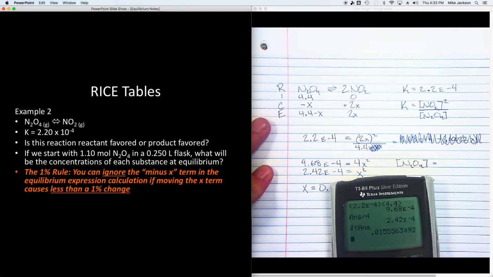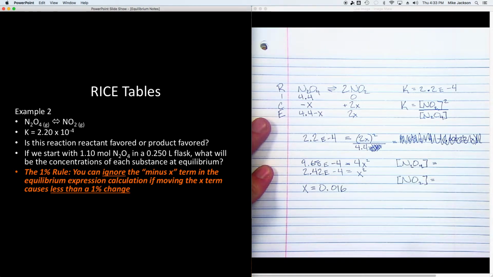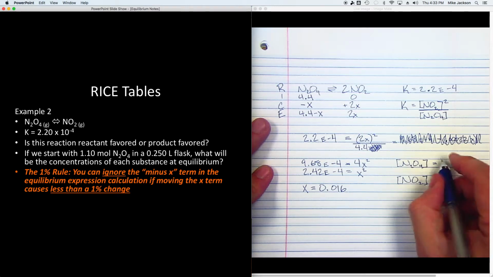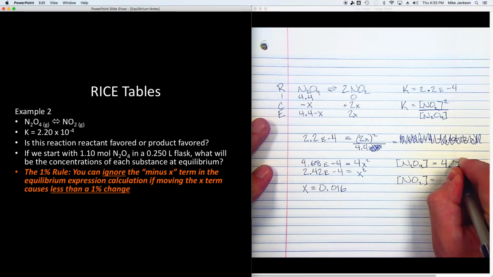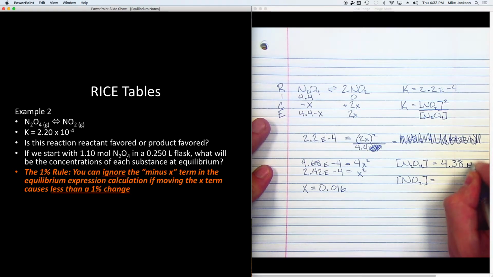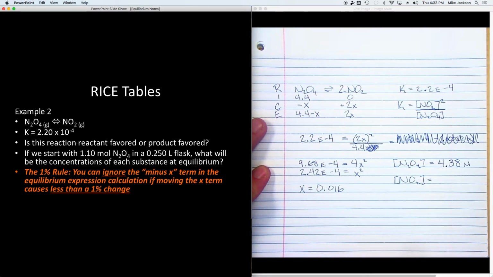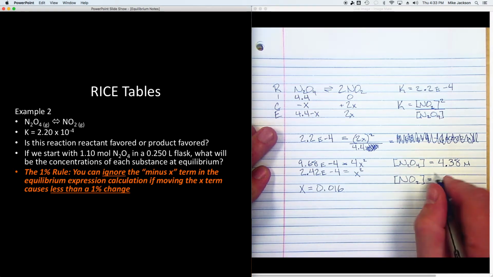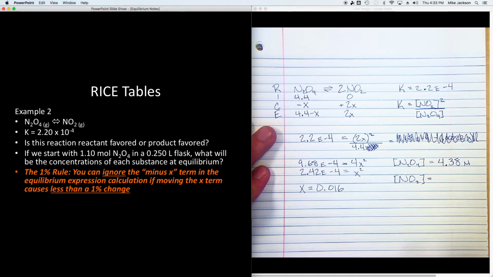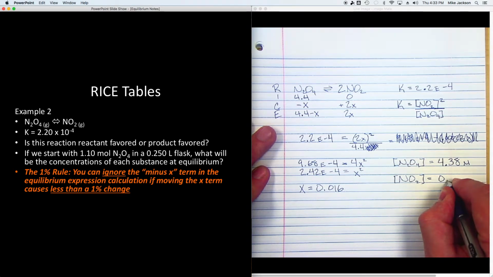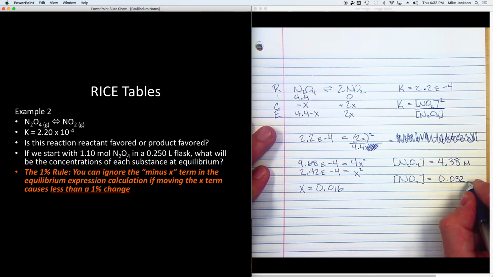So 4.4 minus 0.016 will give us 4.38 for our equilibrium concentration of N2O4. And that's molar because we're talking concentrations. And for NO2, we're going to take 2 times x, so I have 0.032 molar.